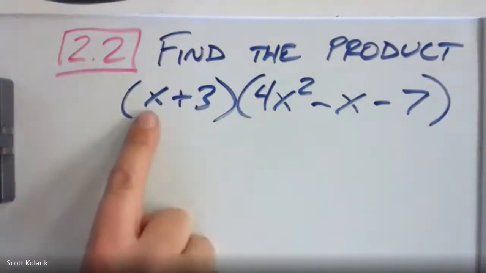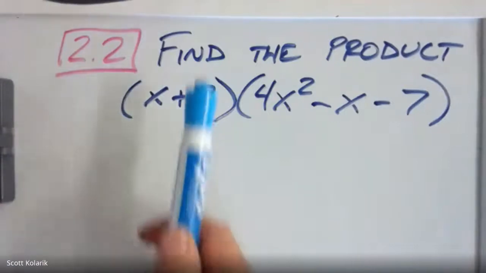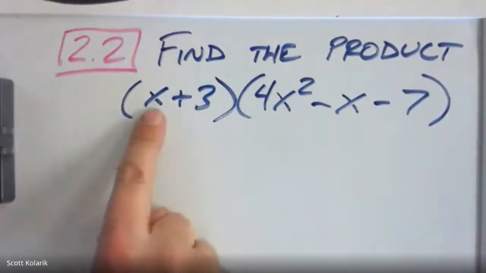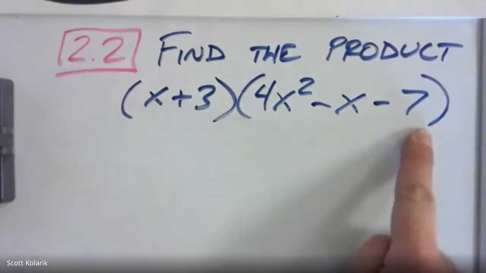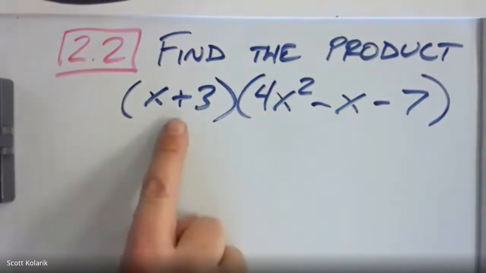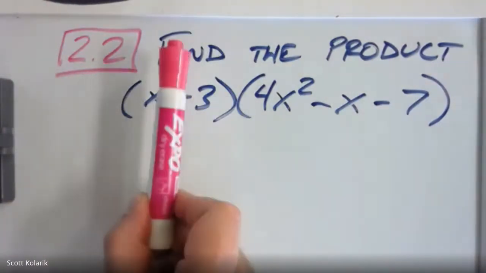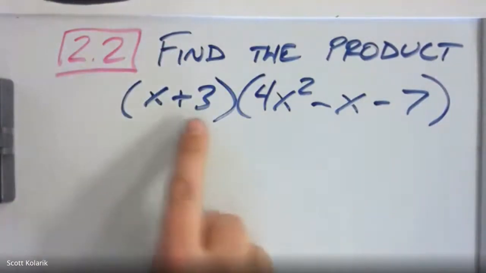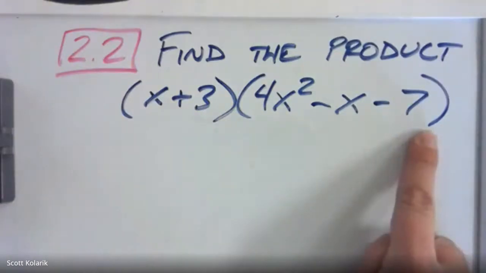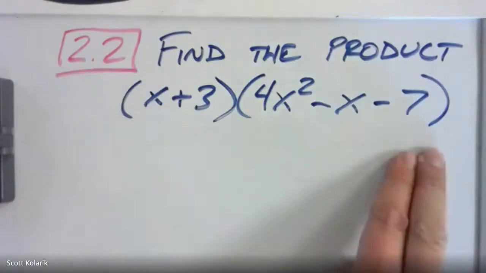And so for this first term, whatever it happens to be in your final exam, I'll go ahead and use blue. So I'll do x distributed throughout this parentheses using blue. For this second term, this positive 3, I'll use pink. And so the positive 3, as it's multiplied throughout this, I'll show you what that looks like as well. But I have to do both throughout that next parentheses.